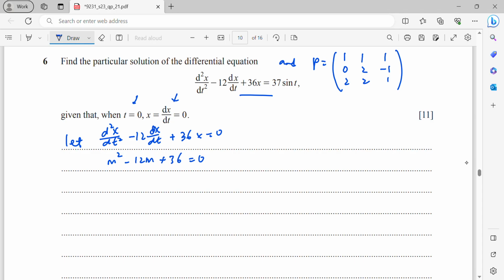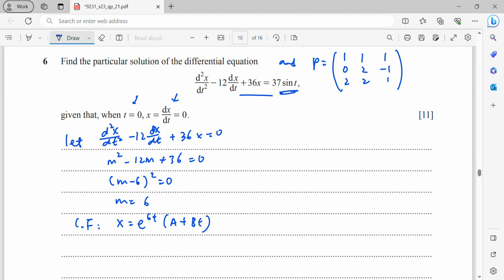So when you simplify this or factorize this, you will get m minus 6 squared equals to 0. Therefore, your m equals to 6. Now your complementary function will be x equals to e to the 6t times a plus bt. Okay, that's the CF, complementary function.